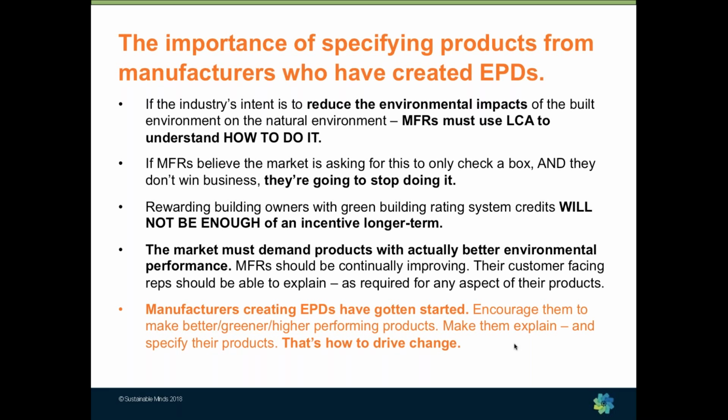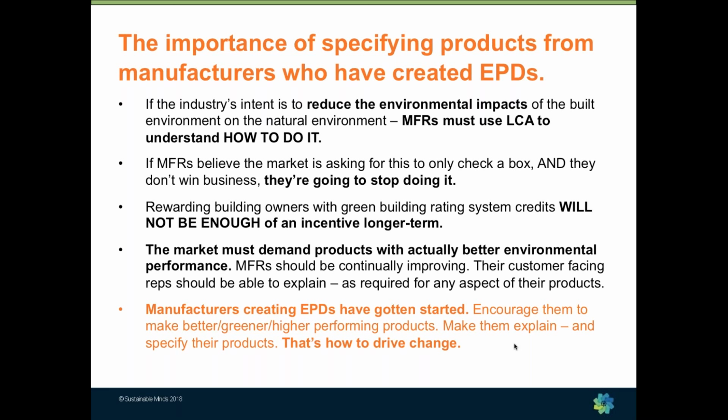What needs to happen is that the market must demand products that actually are better from an environmental performance perspective and not just a document that a regular person can't tell one way or another if something's better or worse or the same as 20 years ago. Manufacturers should be continually improving.